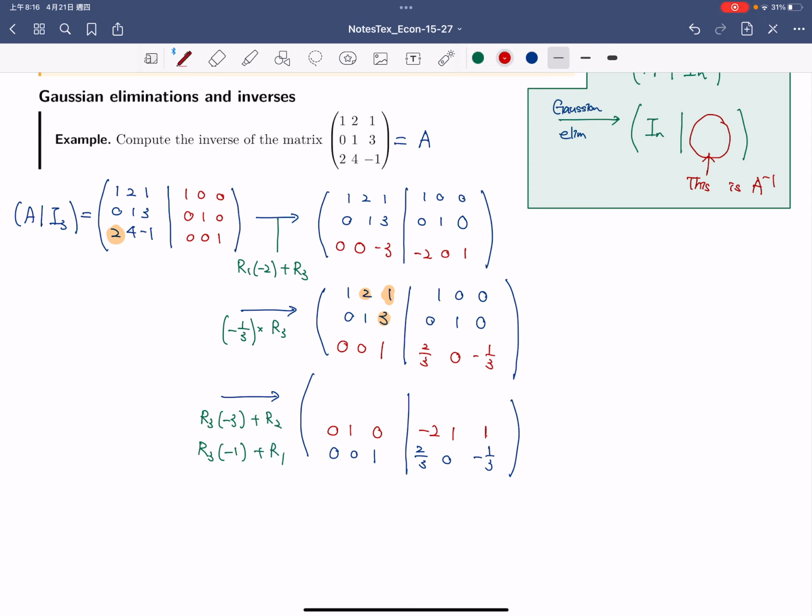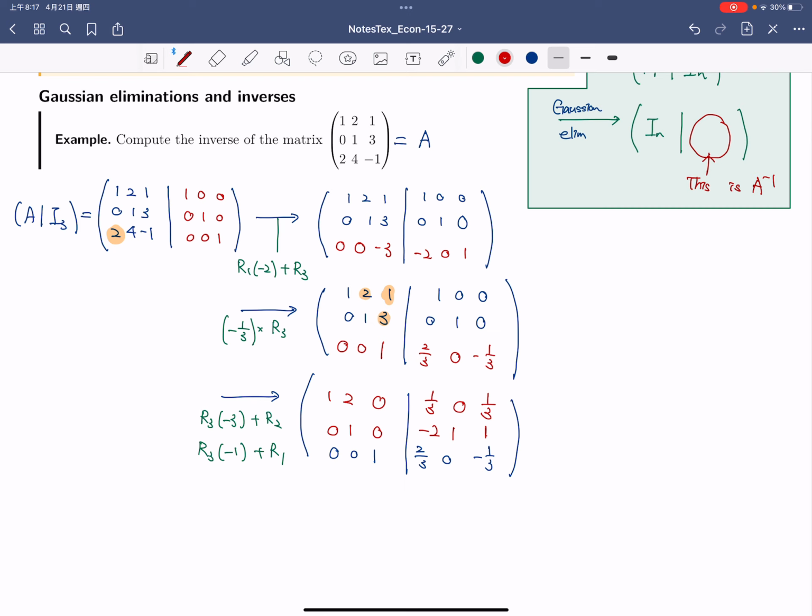Then what I get is 1, 2, 0. And then multiply this by minus 1 and add it to the 1st row. You get 1/3 and then 0 and then 1/3.